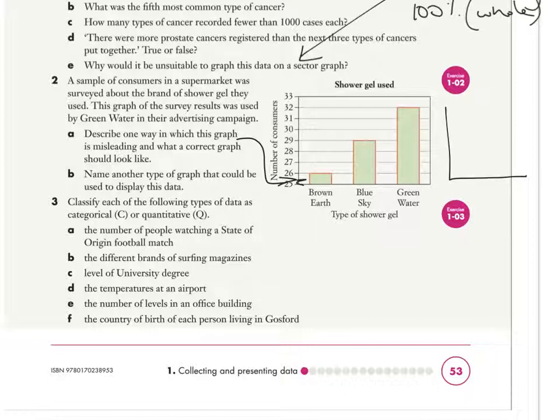Well, if you draw it obviously with the scale properly, it's probably going to look sort of like that, a lot closer. Alright, name another type of graph that could be used to display this data. Well, definitely a sector graph or a divided bar graph.